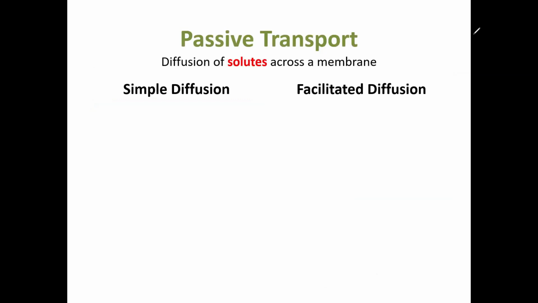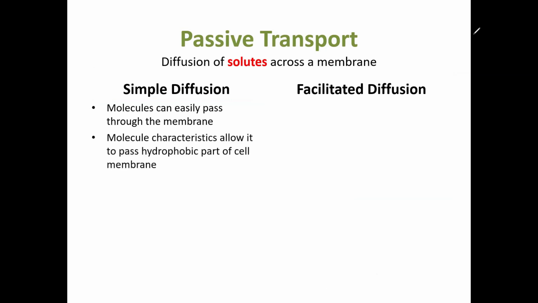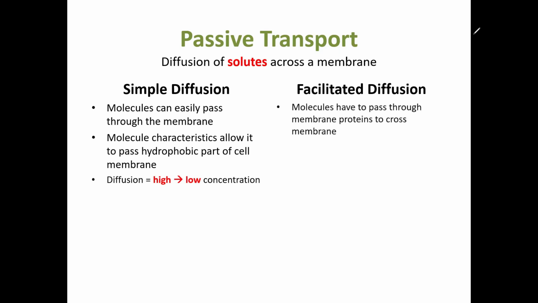So now let's look at the differences between simple diffusion and facilitated diffusion. In simple diffusion, molecules can easily pass through the cell membrane, and the molecules' characteristics allow them to pass the hydrophobic part of the cell membrane. And of course, diffusion is from the region of higher to a lower concentration.